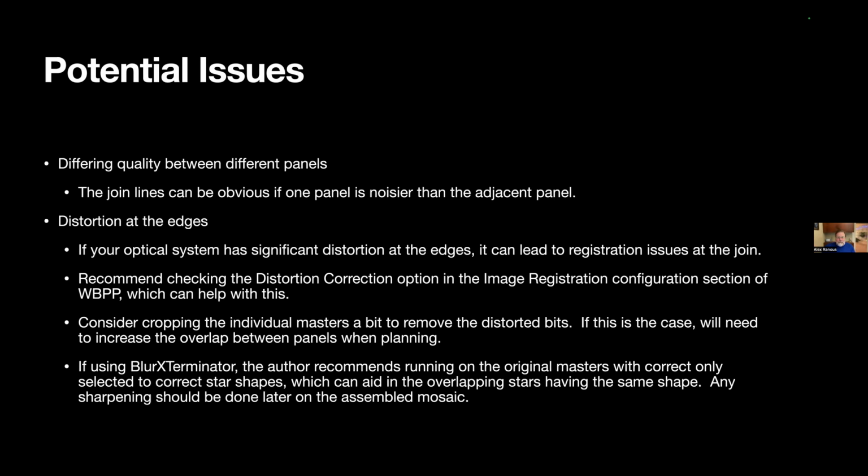If your additional panels don't have enough data and they're a lot noisier compared to the other panel, then when it gets blended together, you can see the transition from really high quality smooth data to noisier data. So that's something to be aware of.